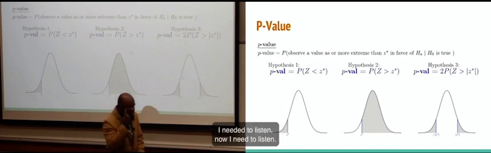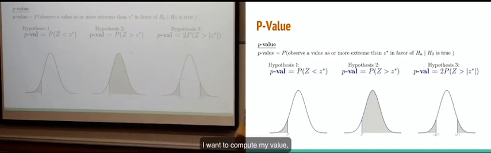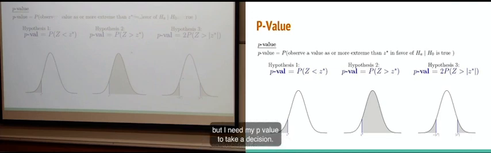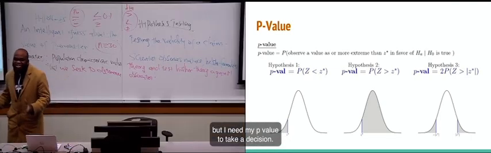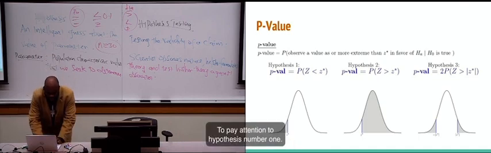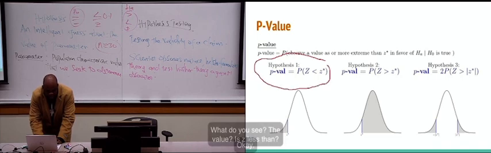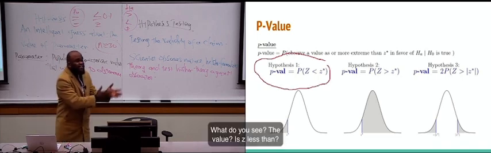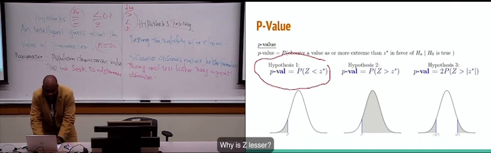I need you to listen now. I want to compute my p-value, because I need my p-value to make a decision. What will determine the p-value? I need you to pay attention to hypothesis number 1. Okay, what do you say? The p-value is P(Z less than. Why is it z less than?